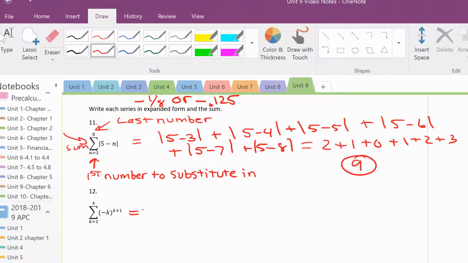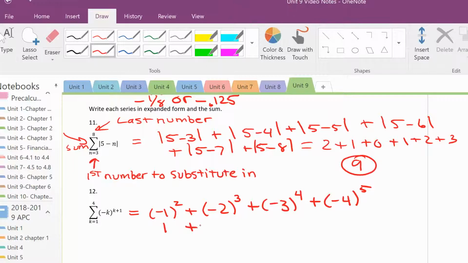So here we're going to start with 1. So we go -1 to the second power, plus -2 to the third power, plus -3 to the fourth power, plus -4 to the fifth power. -1 squared is 1. -2 cubed is -8. -3 to the fourth is +81.